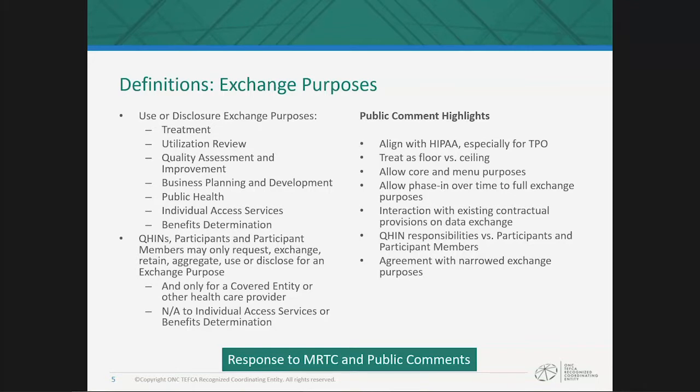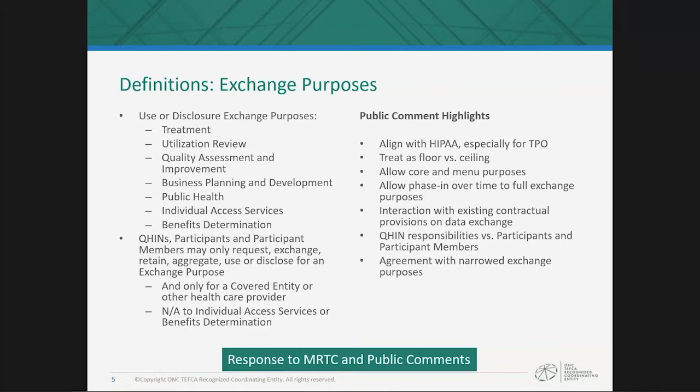And then there's some additional language around covered entities and business associates of covered entities, or a healthcare provider that might not be a covered entity or a business associate. Probably not too many of those, but there could be some.